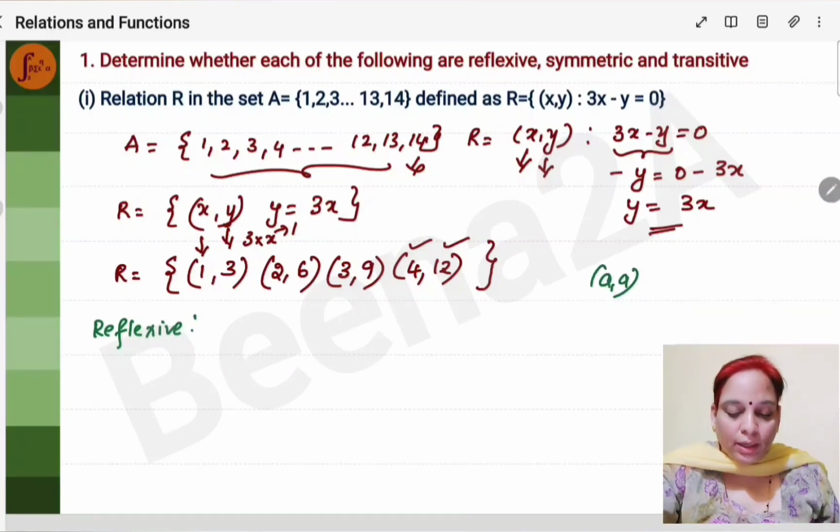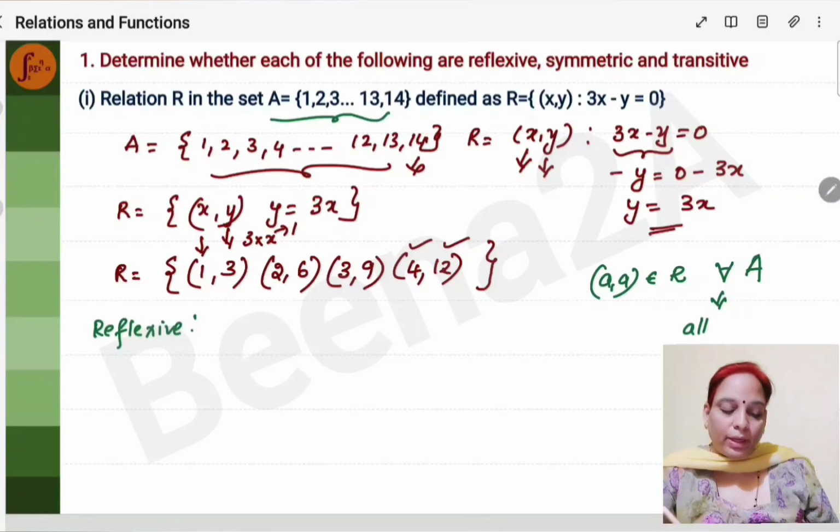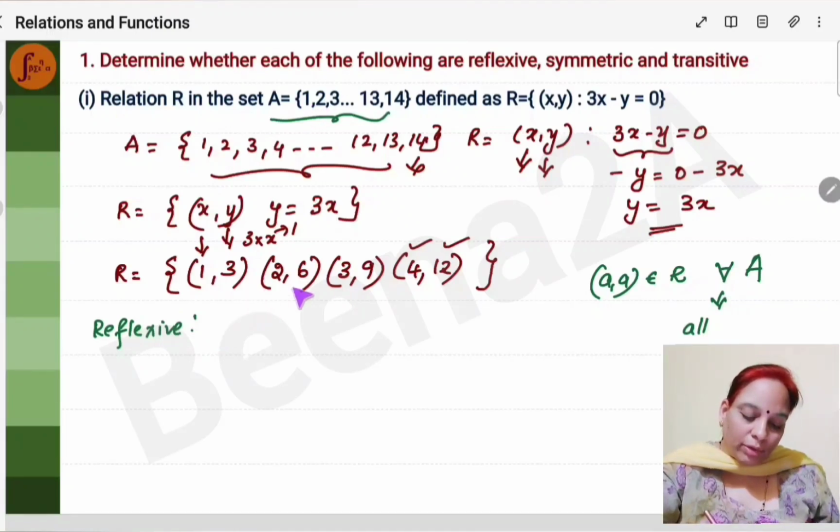A comma A should belong to relation R, for every element that belongs to set A. So if I take 1, do I have 1 comma 1 here?